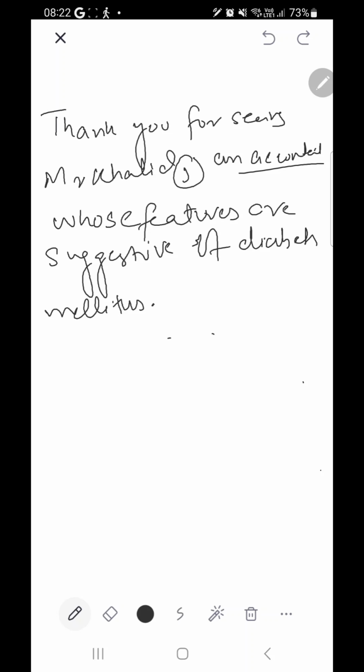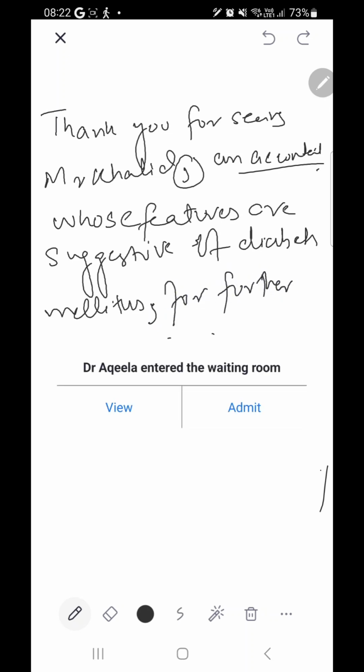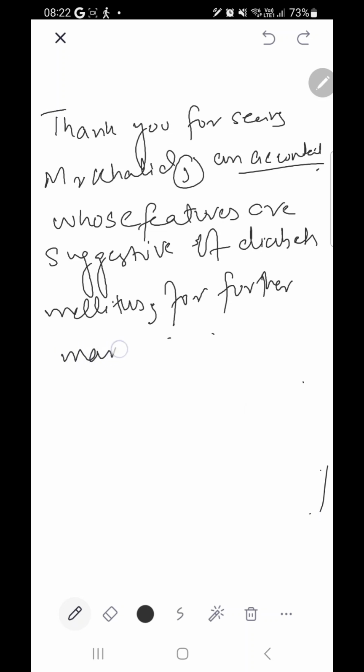Full stop. In this case, there is no comma after accountant. But if we are continuing the sentence, let's say for further management, right? So we will put a comma after accountant as well over here. So this is a general rule of grammar that you have to follow in the introduction.